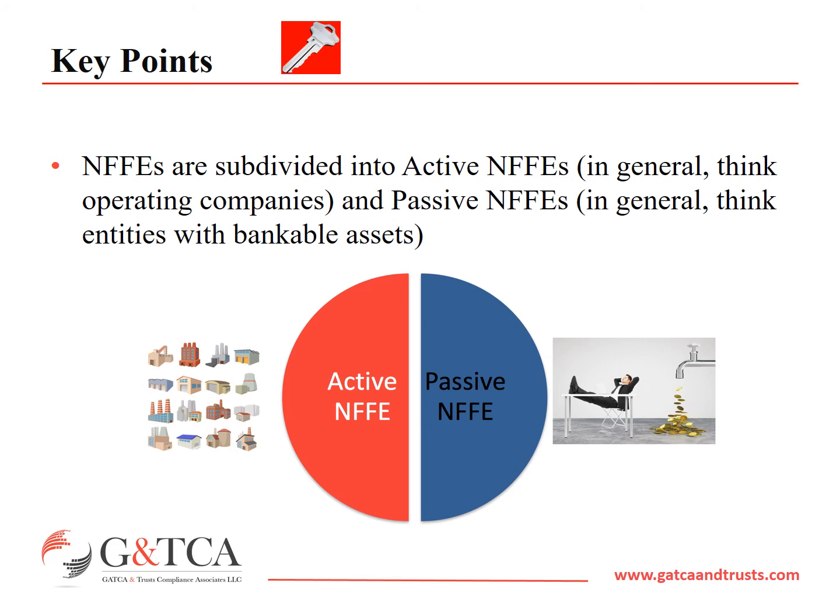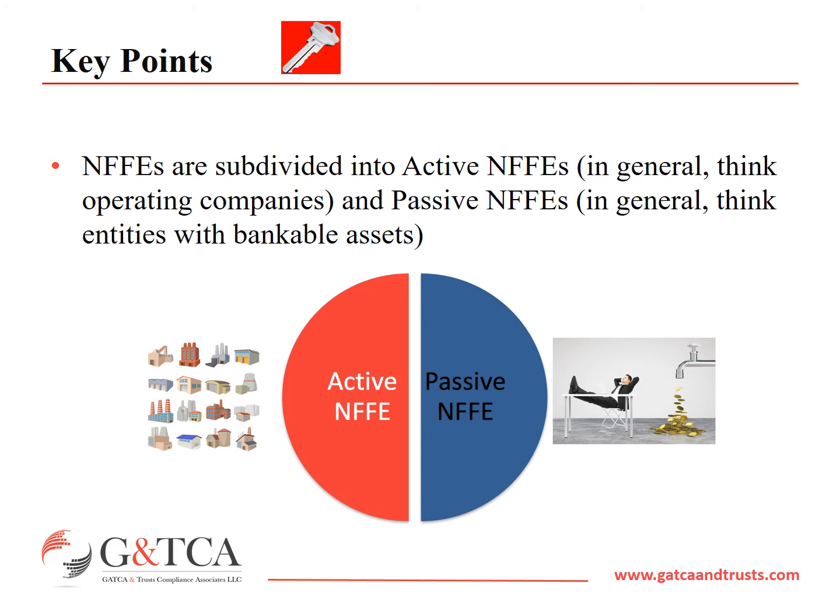NFFEs are further subdivided into two categories: active NFFEs and passive NFFEs. Although active NFFEs are more nuanced than is depicted on this slide, for present purposes, think of an active NFFE as an active operating business, the sort of structure behind which taxpayers don't hide their money.